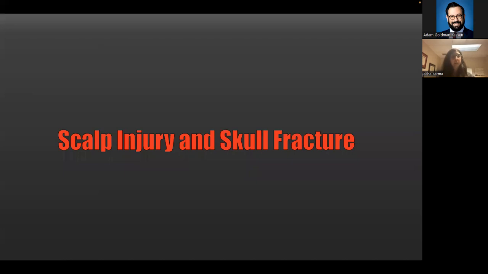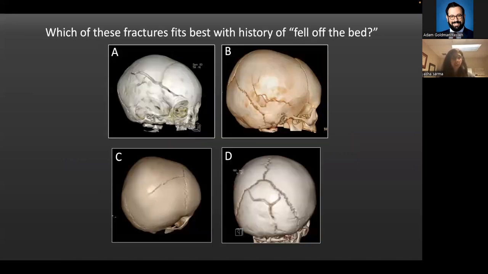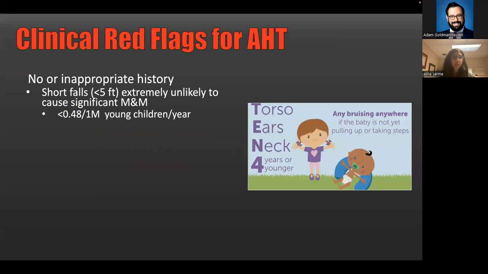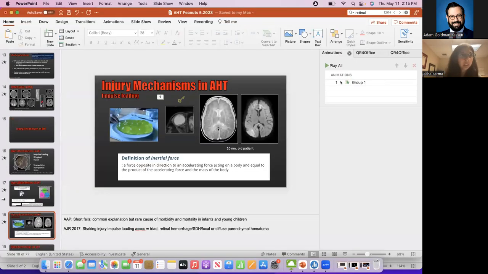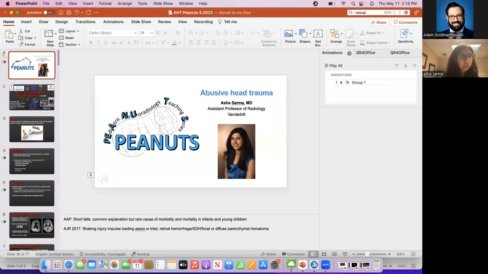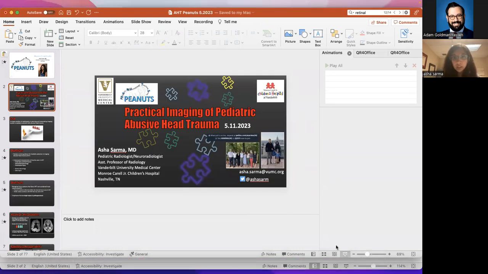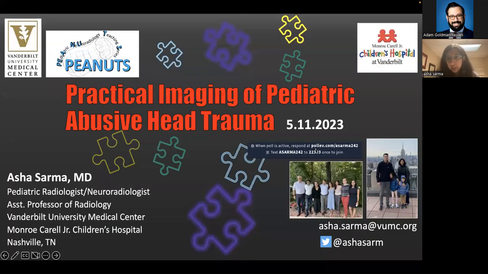So the first group of injuries that we're going to be talking about are scalp injuries and skull fractures. I have a couple of Poll Everywhere questions. Sorry, I should have mentioned that at the beginning. Let me just go back so you can see the info for that. So here you can either enter pollev.com/asarma242, or you can text asarma242 to 22333 to join.